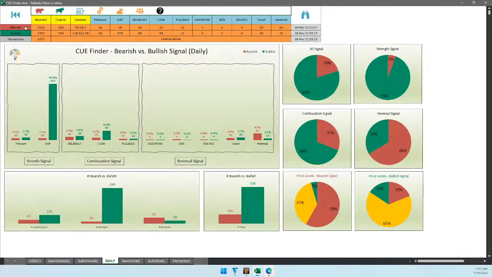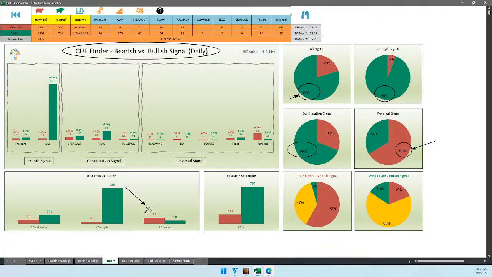What about Friday? Friday is in fact bullish. This is bullish versus bearish signals, daily interval, Friday. 80% of all signals were bullish. Strength very bullish, 94%. Trend continuation also bullish, 69%. Only reversal, 66% bearish, more bearish than bullish.